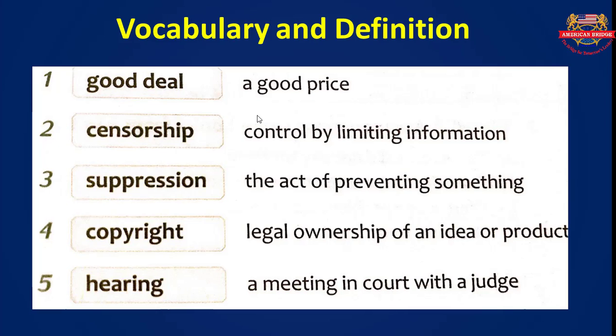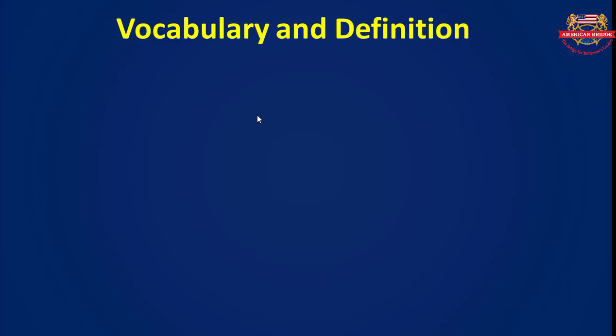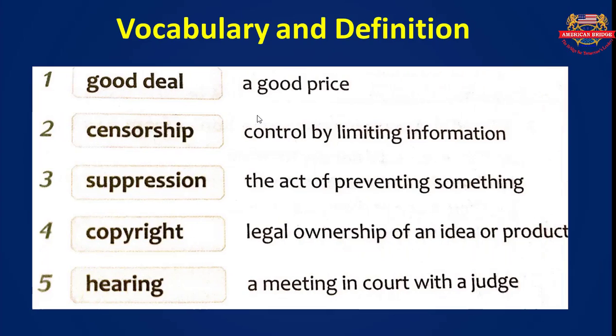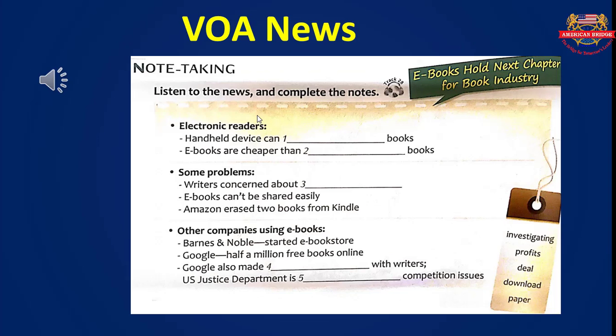Okay, can you remember what words you learned just now? So we have five: good deal, censorship, suppression, copyright, and hearing, right? Okay, so now let's move to the listening, everyone.